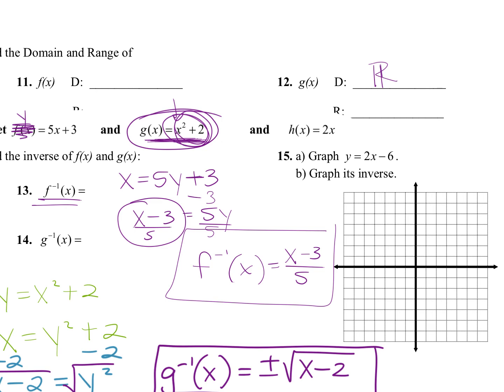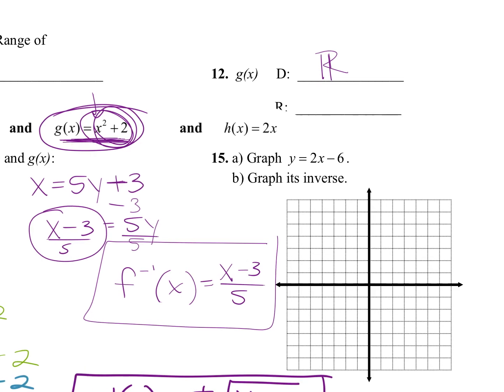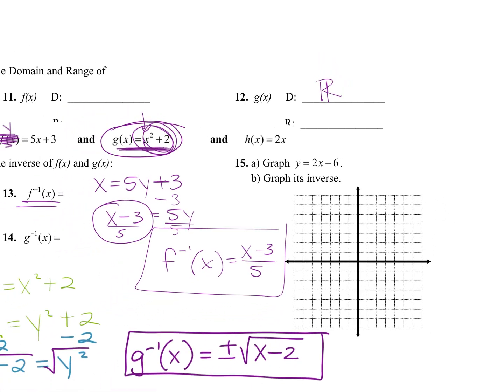Yes, Zach's got that. Where has it moved? Up 2. So if this is my graph, right, 1, 2, my parabola is going to look like this. So what are your possible y values? Greater than or equal to 2, right? So your y has to be greater than or equal to 2.